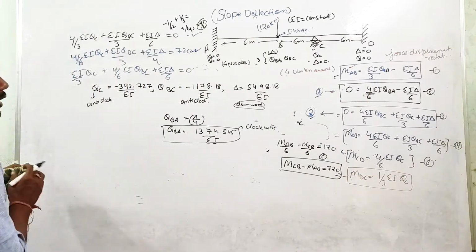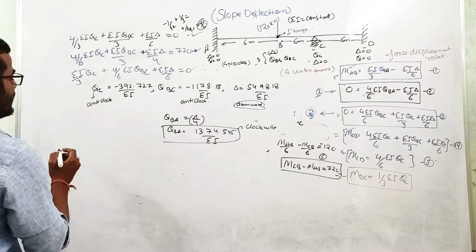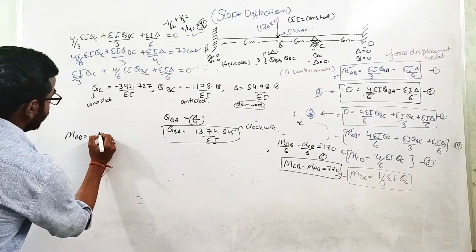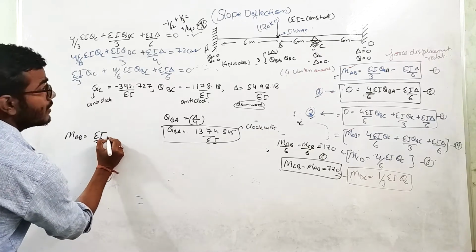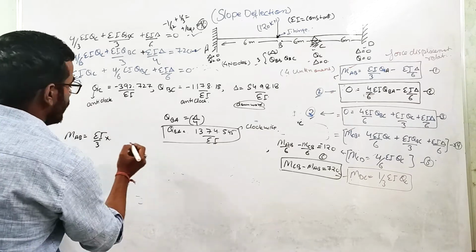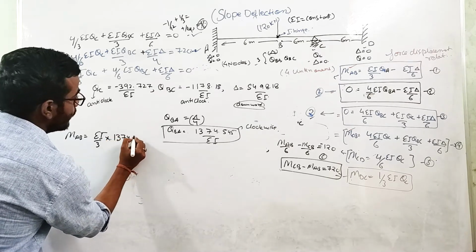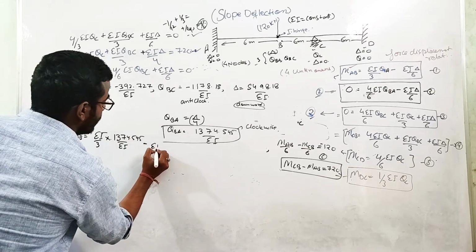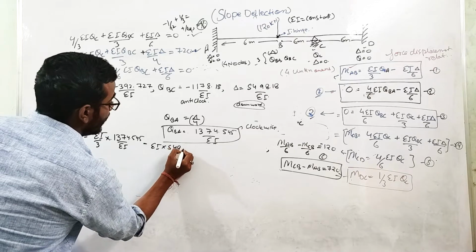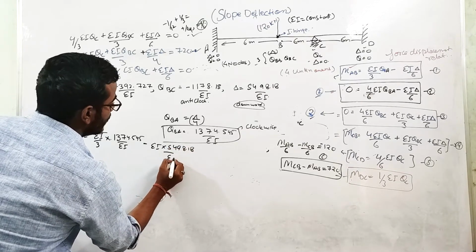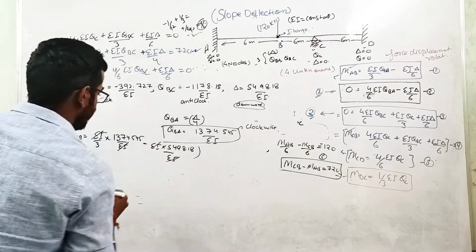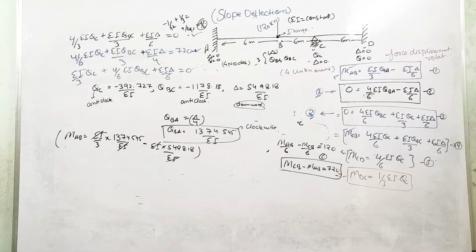So now if I use the first equation, what will be the value of MAB? MAB, I can write EI over 3 times theta BA. Theta BA we already calculated, 1374.545 over EI, and minus EI times delta by 6, what is the value of delta? 5498.18 over EI. So EI cancels out.